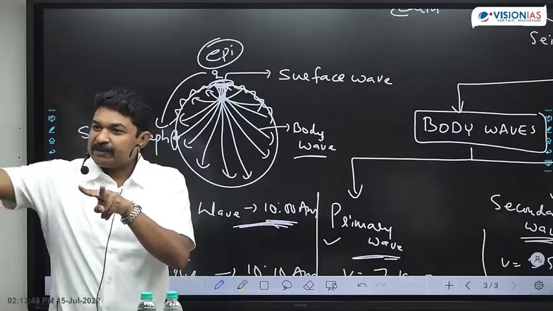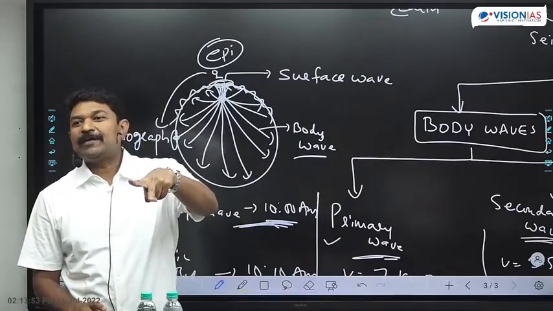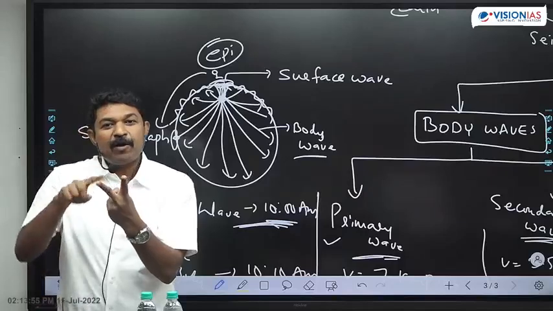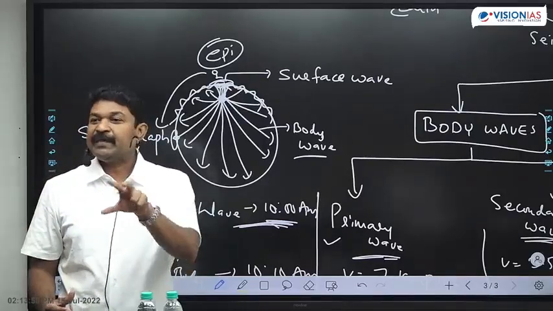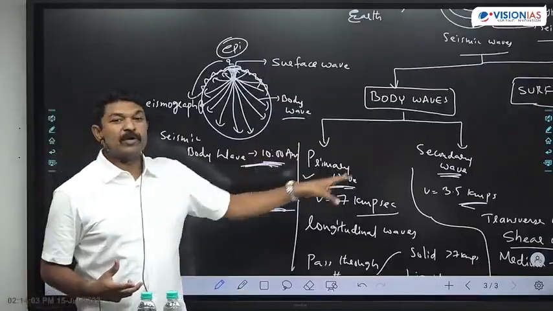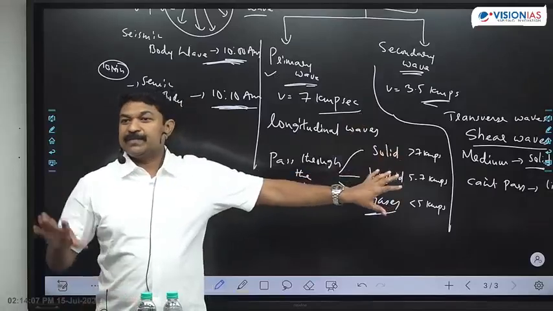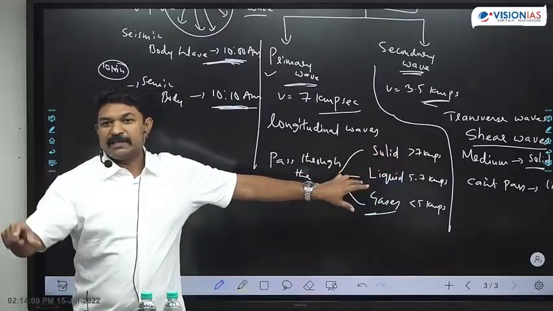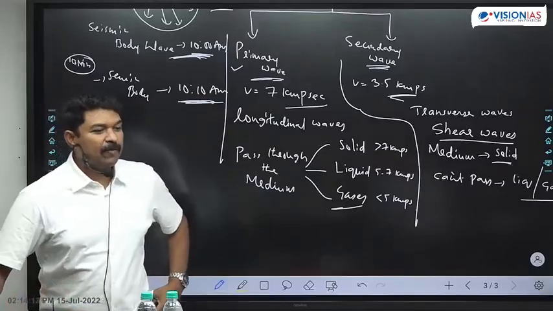The very fast movement of the energy is called the primary wave. The somewhat slower movement of the energy is called the secondary wave. Because of the differences between the characteristics of the energy waves, they are called by two different names. When the study was done, they came to know that one can pass through all the mediums, while the other can pass through only certain mediums. What is that certain medium? Only the solids. Seismic waves are of two types.